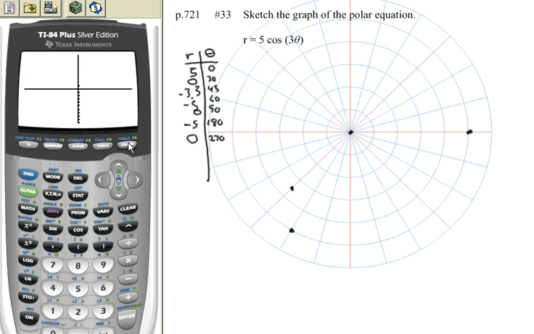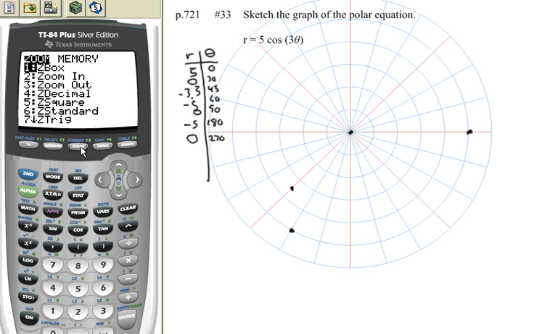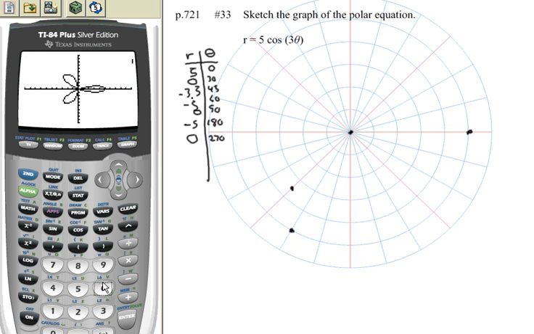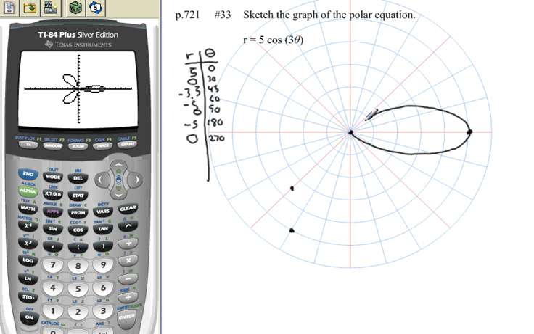And if I graph this, well, I don't see a whole lot, so let's press my zoom key and press the 6th choice, Z standard. And there's my graph. So my graph, what it is, it's a rose curve. It comes out something like this, curves down through these points down here, and then it curves up the same way in this direction.